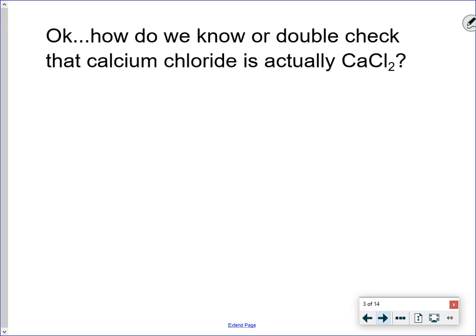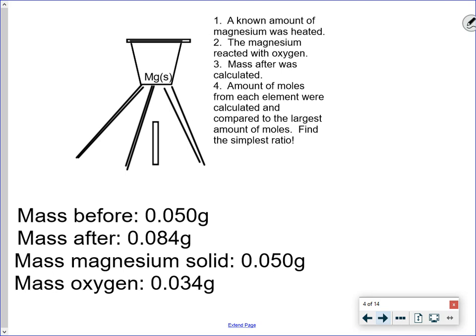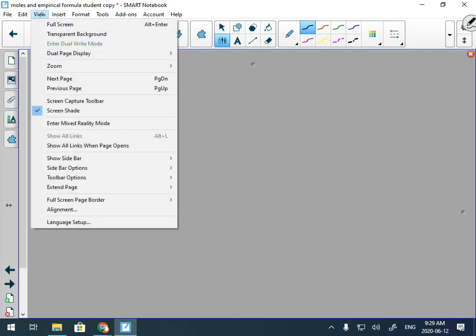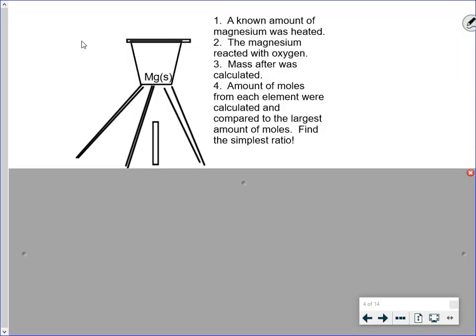All right. So how do we know something like calcium chloride is actually CaCl2? We're going to do an example. It's not CaCl2, but it's a magnesium compound. What this lab is doing is taking magnesium and burning it, having the magnesium combine with oxygen.